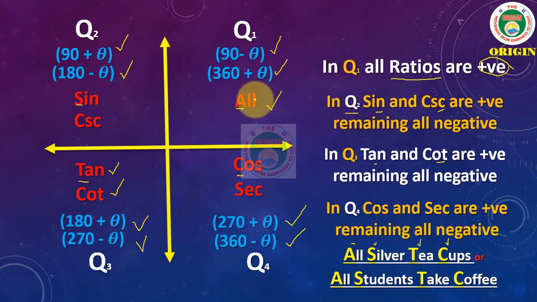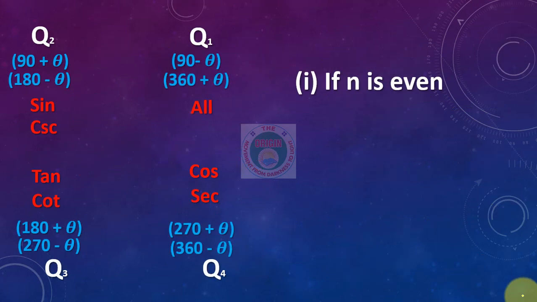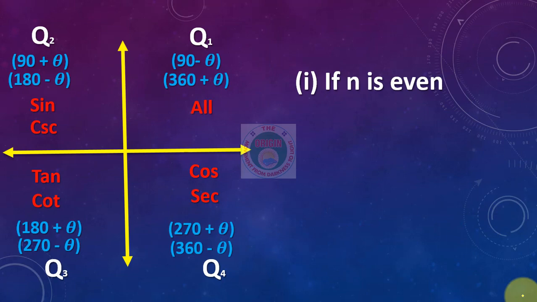In quadrant 1 all ratios are positive. Next, S silver, that is sin and cosecant, T tan and cot, C cos and secant. In another way we can say that all students take coffee. So this is the process.